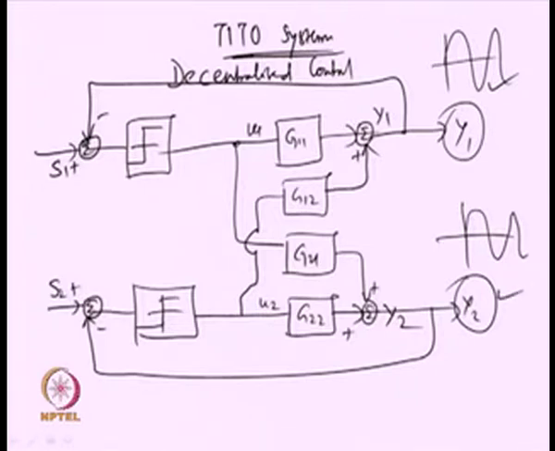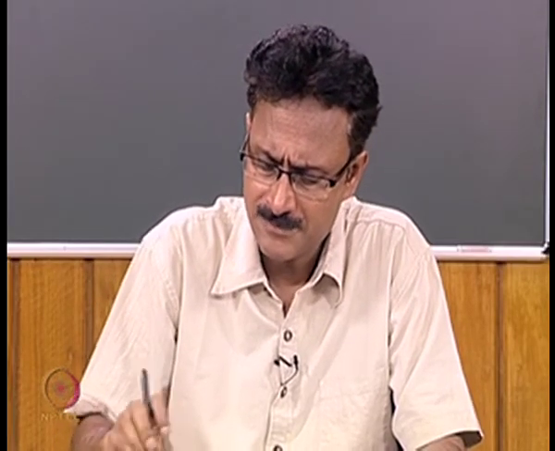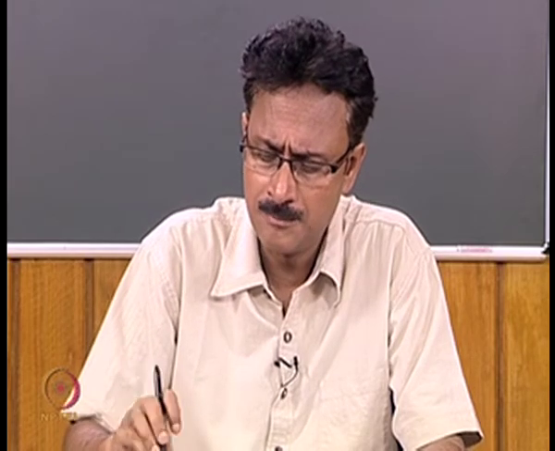If the loop interaction is minimal, in that case I can have y1 and y2 with almost the same frequency. So, depending on the loop interaction, it is expected to get output signals with different frequencies or the same frequency. Okay? Then how do people generally identify the transfer function model?